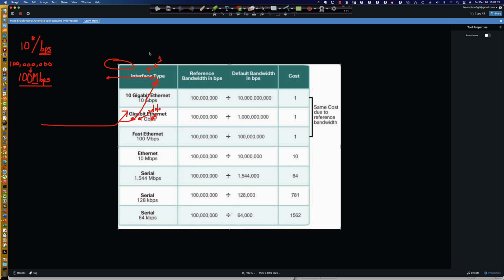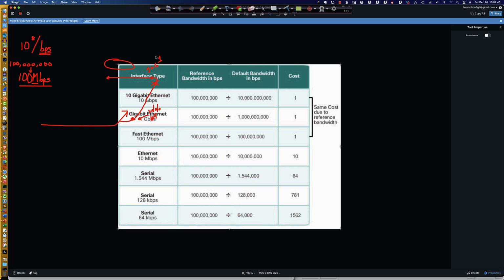But I'm saying, in general, if you looked at that statement on its face, that from OSPF's perspective I would want to treat a 100 megabit per second interface the same as a 100 gigabit per second interface, I would say right there, you're insane. There's no way you're going to want to do that.